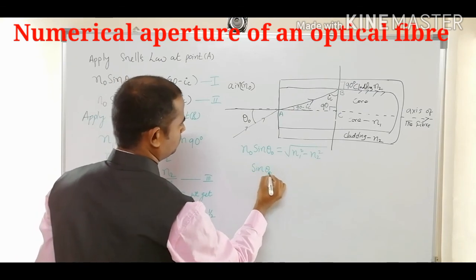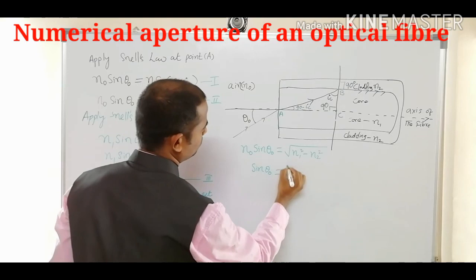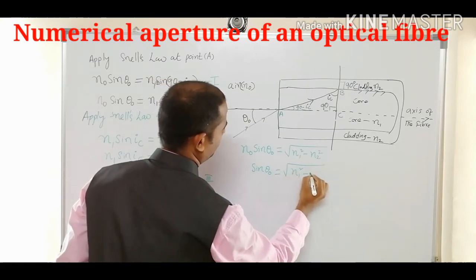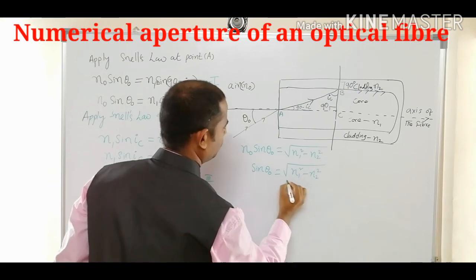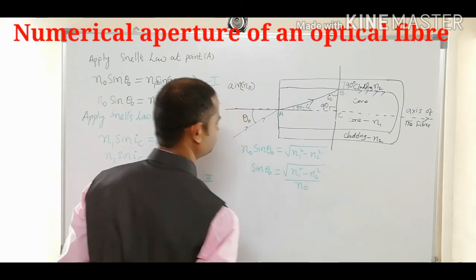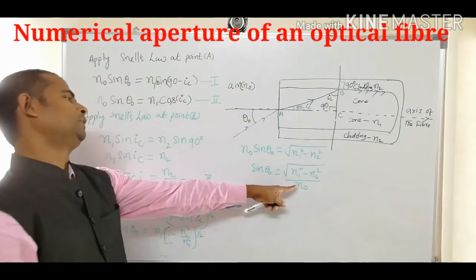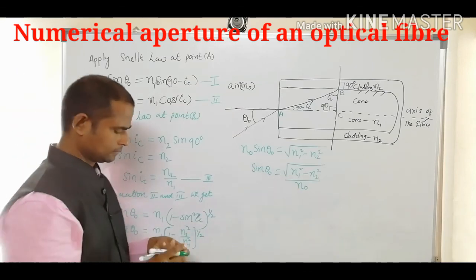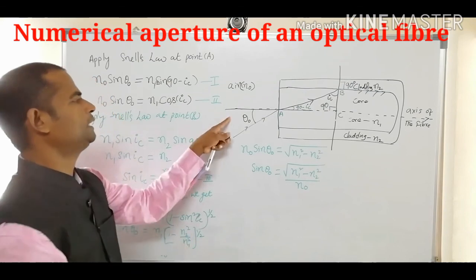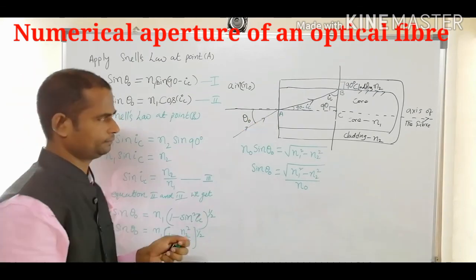Sine theta naught is equal to square root of n1 square minus n2 square upon n naught. N naught is the refractive index of the air, the interfacing medium to the fiber cross section.